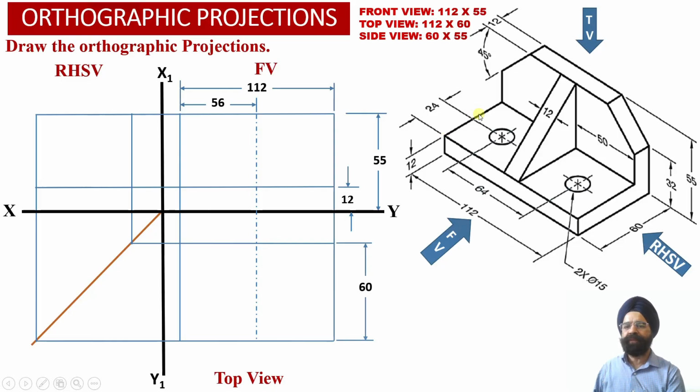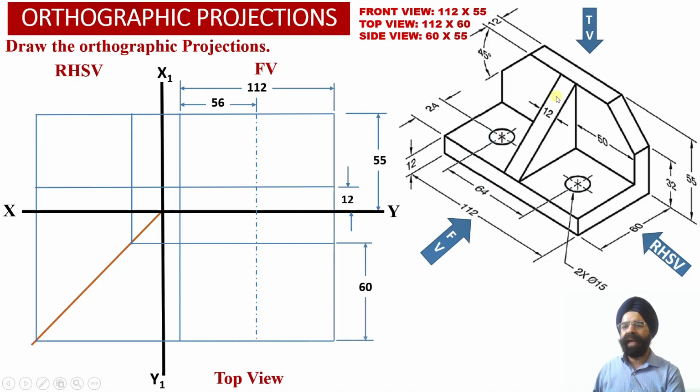Now from the left hand side face of the solid, we have measured a distance of 56 millimeter as we move along the solid towards the right hand side face. We have marked a center line in the front view projections at a distance of 56 millimeter from the left hand side face, and we have extended the center projection line into the top view projections as well.